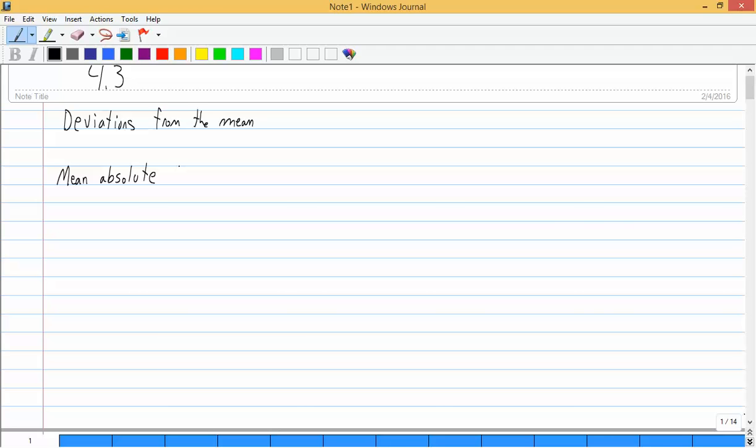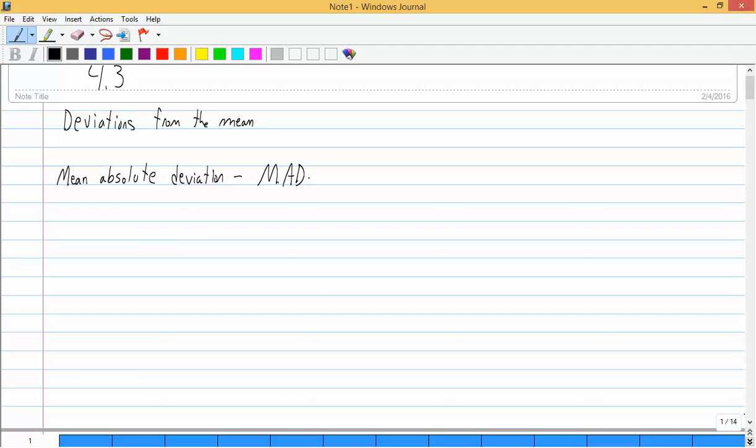But there's a formula given for the mean absolute deviation for a sample, and the book abbreviates mean absolute deviation as MAD.